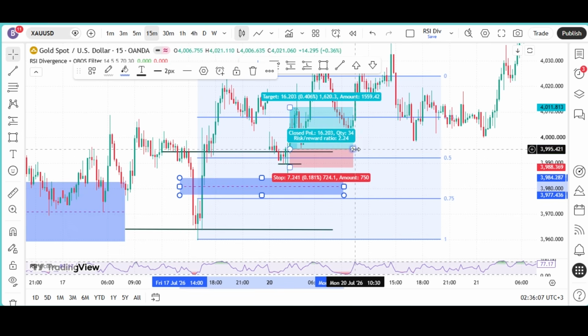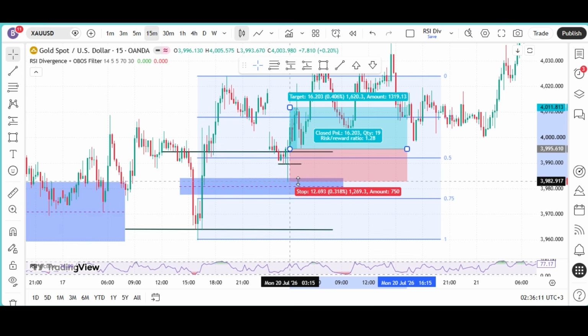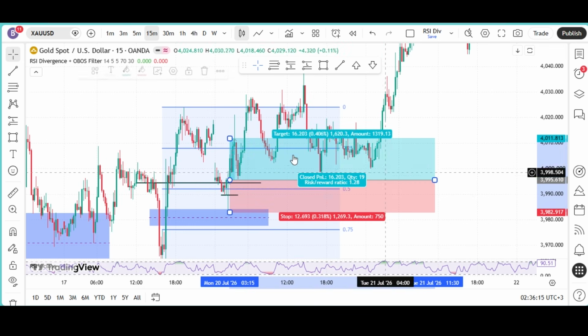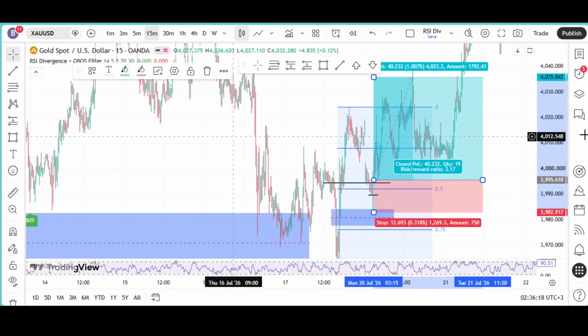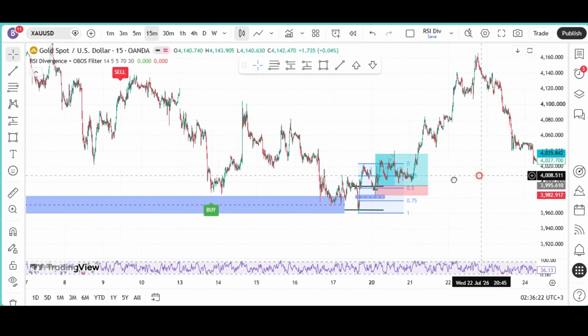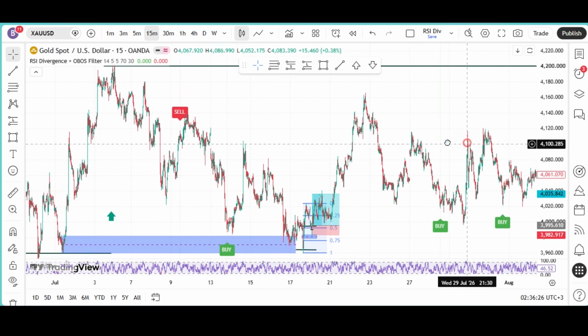So this becomes a very refined entry with a very tight stop loss. You can even place it below that swing low with a very tight stop loss, and now you have a very good risk to reward ratio if you plan to swing trade, or to hold this trade for maybe an entire week, pretty much the entire week.